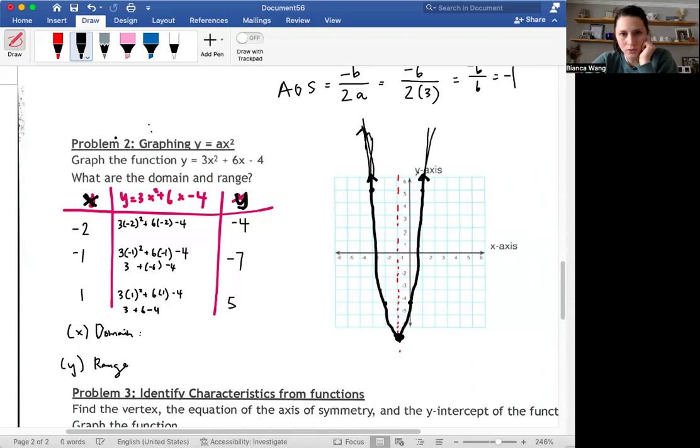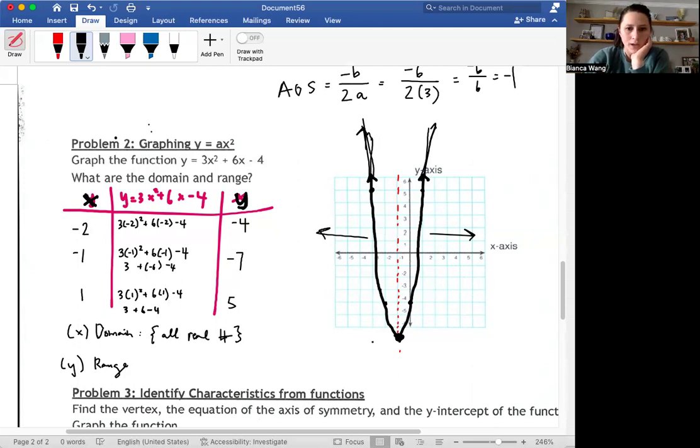And so eventually it will hit every number if we have an infinite amount of space to draw a graph. So the domain for X is that it's going to continue to move out this way, and this way. And so the domain is really all real numbers. Anything on your graph can be a potential domain for this graph.